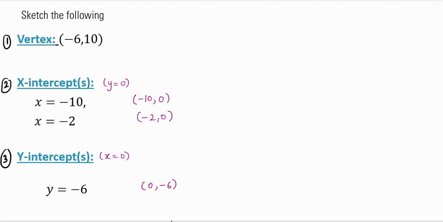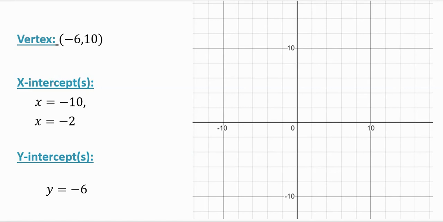So let's see. Here you see the maximum value of y is 10 and the value for x goes to -10, so we take the scale accordingly. Let's start by plotting the points one by one. Start with the vertex (-6, 10).